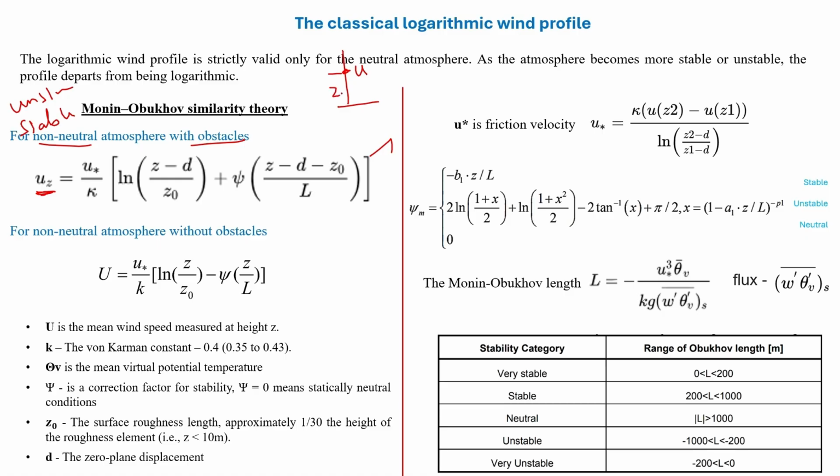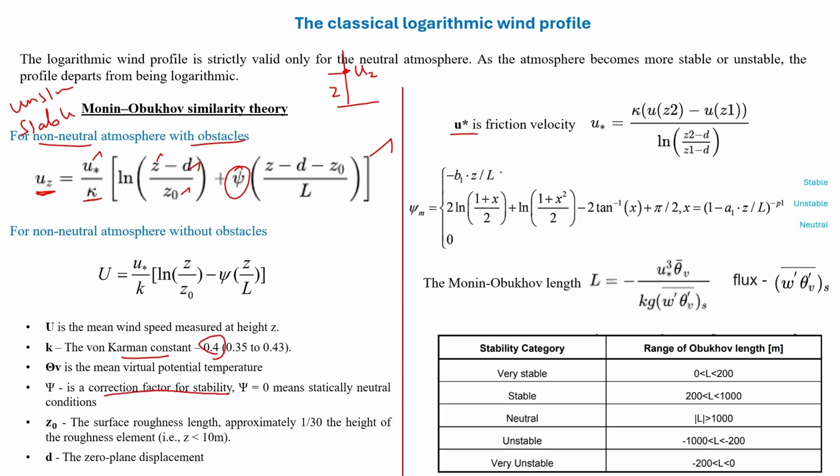For example, height is z, there we are measuring the velocity, so uz will be the unknown velocity. For that you should know u star, the friction velocity, then k, the von Karman constant, mostly 0.4, then z, the height at which you find the velocity, d and z naught, where z naught is the surface roughness and d is the zero plane displacement, then psi, the correction factor for stability.